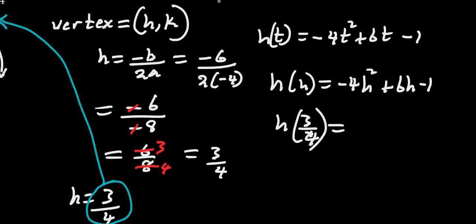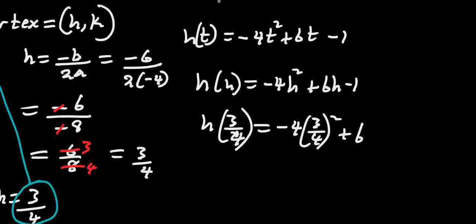is equal -4 times 3 over 4 squared plus 6 times 3 over 4 minus 1.